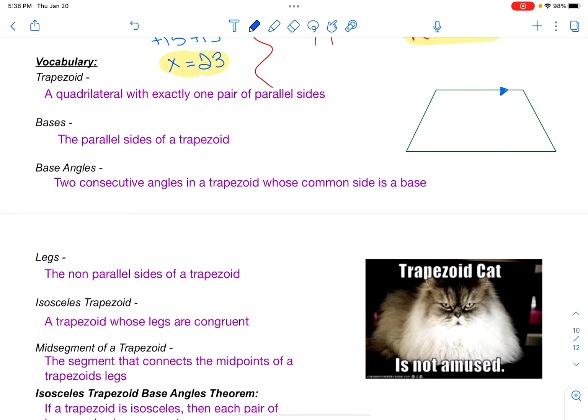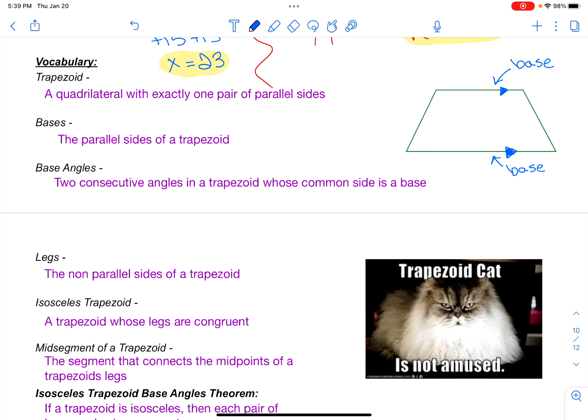This top and bottom are parallel. Those are our bases, the top and the bottom. Don't always assume the top and the bottom are your bases because sometimes your trapezoid can be sideways. Just know that your bases are your parallel sides.